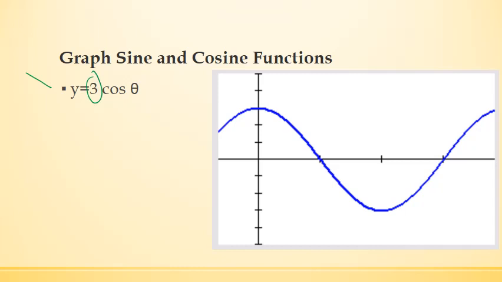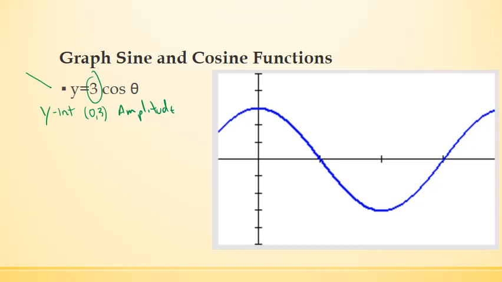And this amplitude is going to tell us where the y-intercept is going to be. We've already learned that 3 is the amplitude, so the y-intercept is going to be at 0, 3, which is also the amplitude. Now, let's determine where the next x-intercepts, or theta-intercepts, may be.